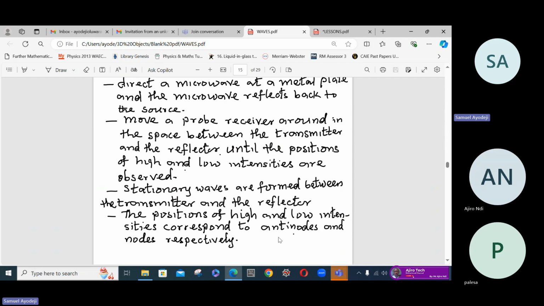Antinode means maximum displacement, that is high intensity. Node means zero displacement, that is low intensity. You want to say something? No, sir. Okay, fine.